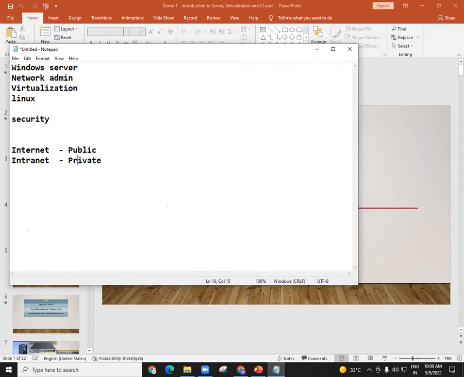To understand cloud computing in a better way, let us see some basics of computer networks. Before we proceed, there is a chat box here. I'm just sending a message in the chat box to say hi. If you have any questions or doubts, or if you want to say something, it's better you use the chat box and send your queries there. We'll keep this session more organized by using the chat box as much as possible.